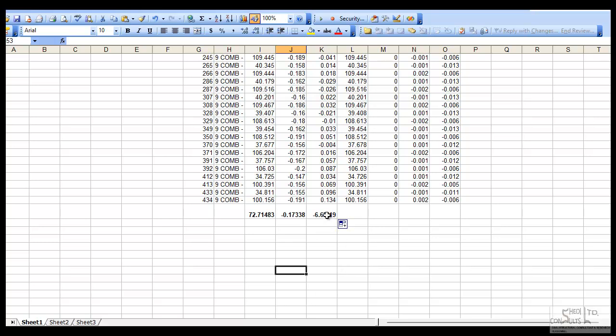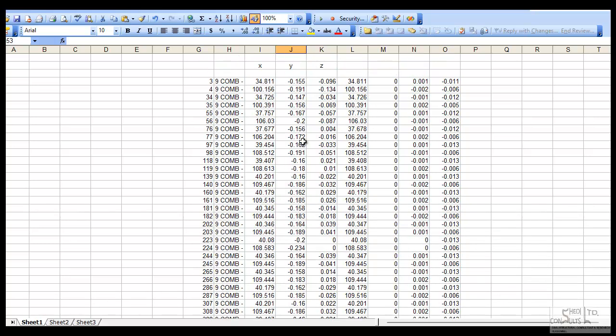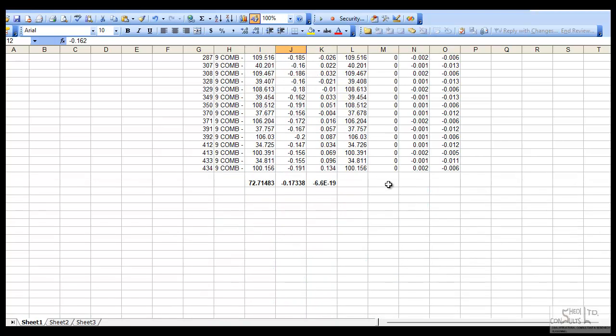Okay, so the average of the Z deflections is approximately 0. This 10 to the power of minus 19 is about 0. This is about 0.177 millimeters. All these are in millimeters. Please take notes. So if you put that in cm, that's about 0.017.